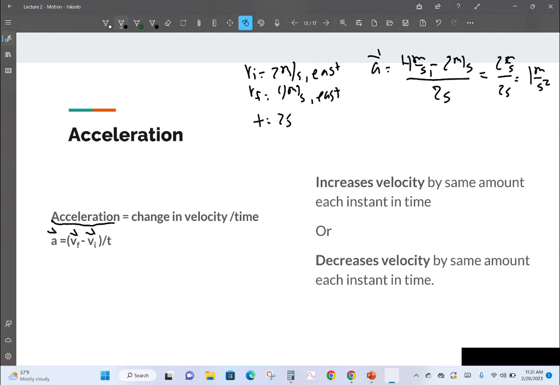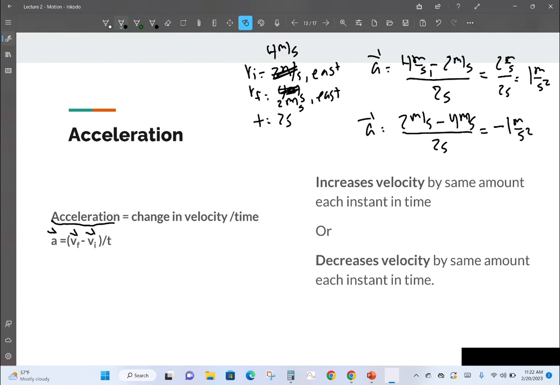But what if instead you were traveling 4 meters per second east, and then after 2 seconds were traveling 2 meters per second east? Your acceleration would be 2 meters per second minus 4 meters per second, all over 2 seconds, which is going to be negative 1 meter per second squared.